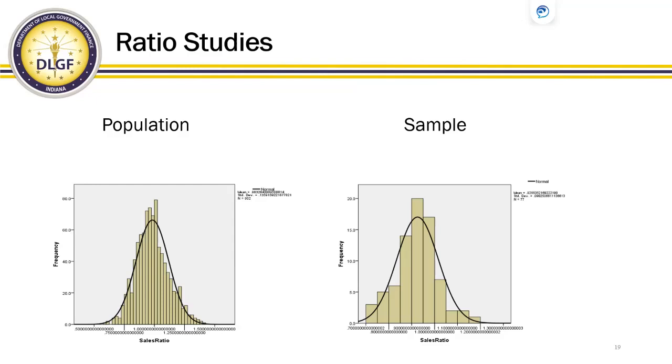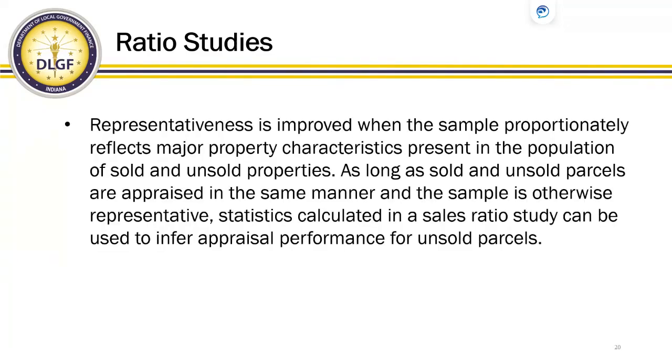One's not way thicker or skinnier than the other, and neither one is lopsided in either direction. So that would indicate to us that the sample is roughly the same distribution as the population, which makes it a representative sample. If we go to the next slide, I'll talk a little more about what representativeness means in the ratio study context, how we can make things more representative, and how to avoid making things less representative, because that's possible as well.